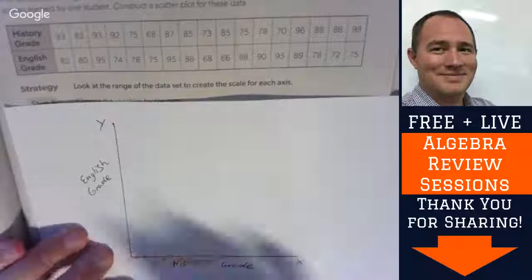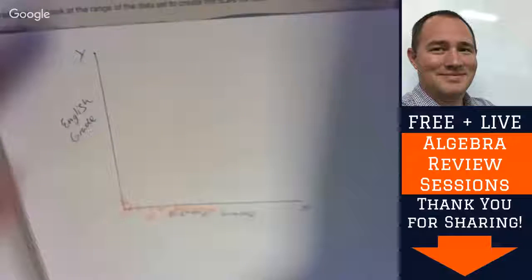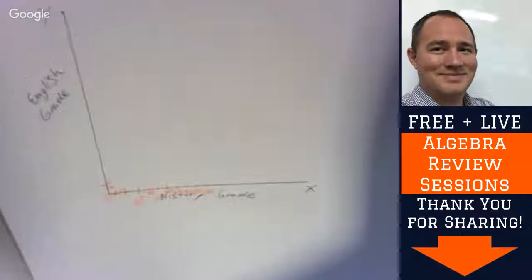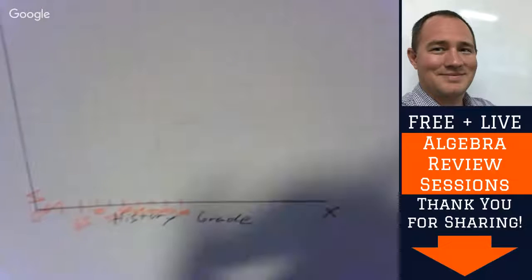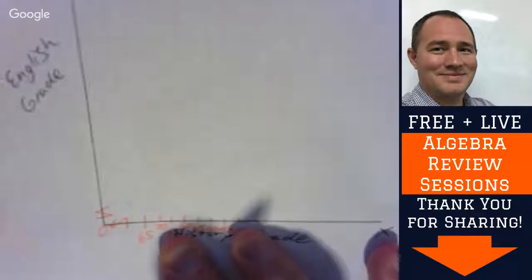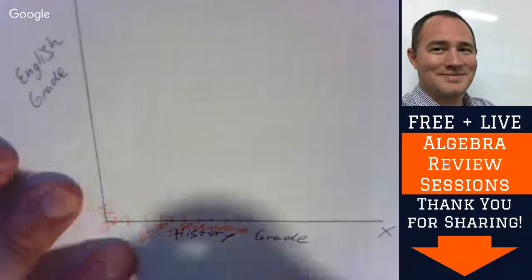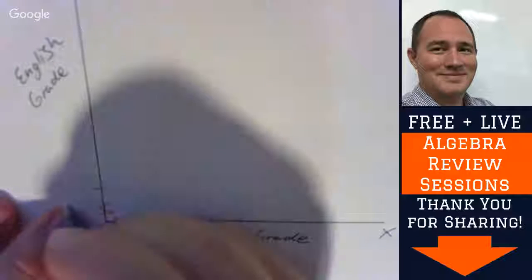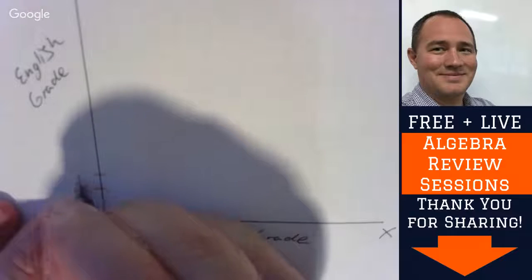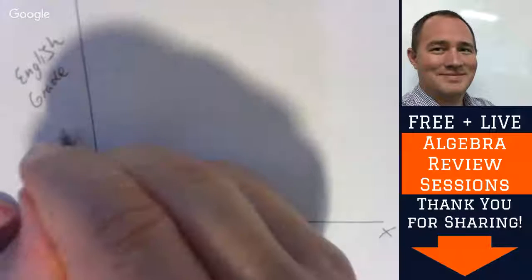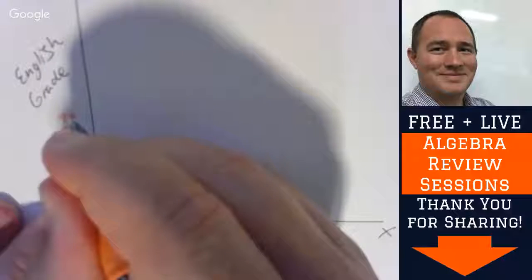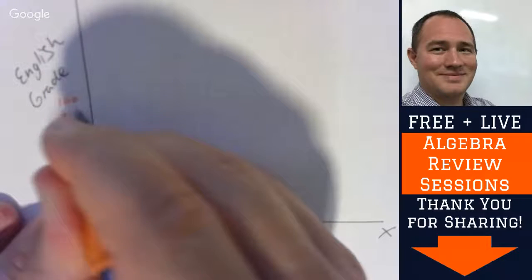Didn't do a great job of leaving space on that one. Do the same over here. Start at 65, 70, 75, 80, 85, 90, 95, 100.